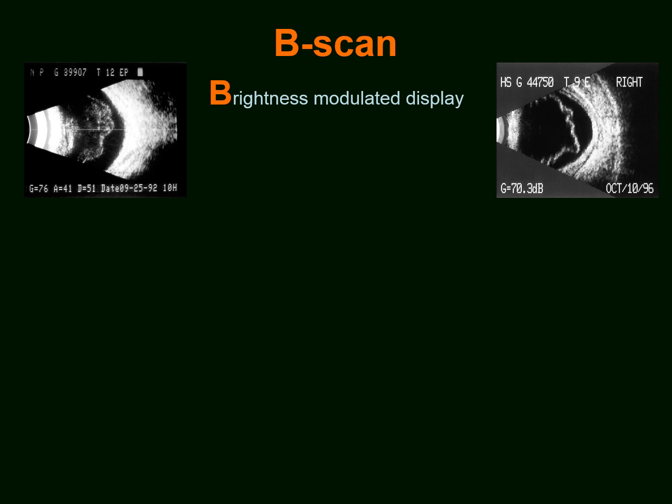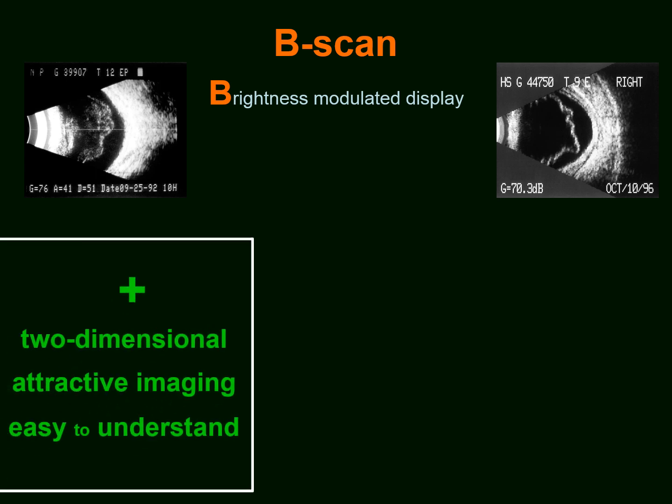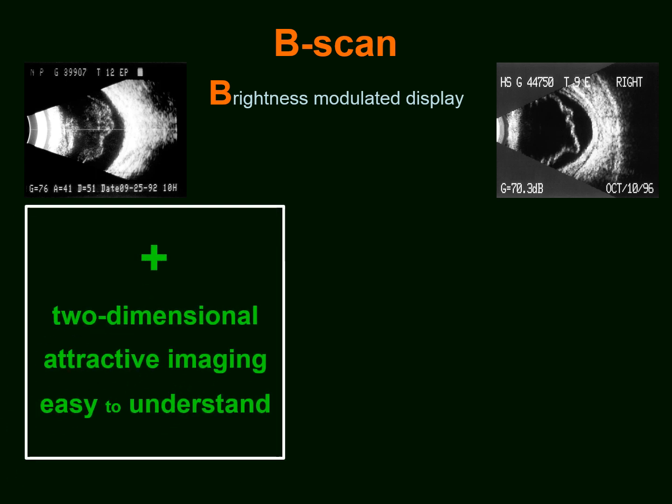The brightness of the spots increases or decreases depending on the echo intensity or the gain used. The advantages of B-scan are a two-dimensional display that leads to more attractive imaging. Also, B-scan is easy to understand.